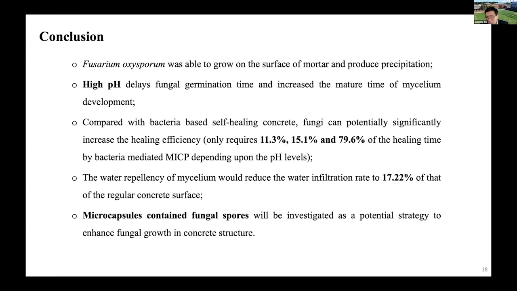Okay. How does the heat of hydration affect the mycelium? I guess when you're dealing with large volume concrete, the heat of hydration cannot be easily dissipated. Probably that would affect the productivity or maybe even survival of these fungi, right?